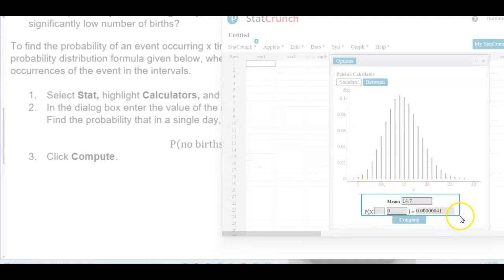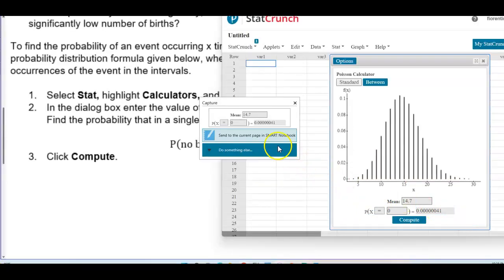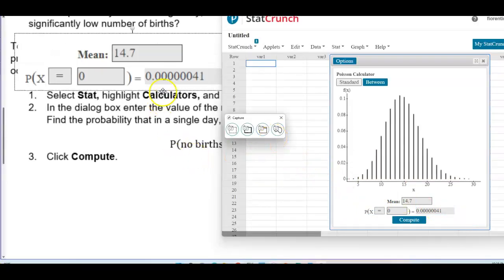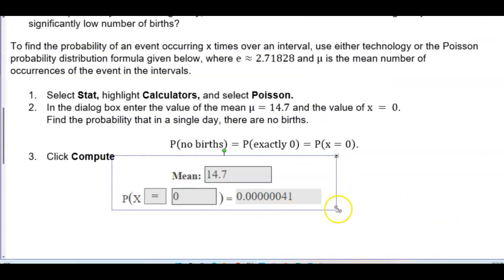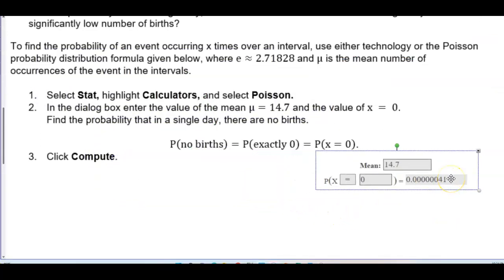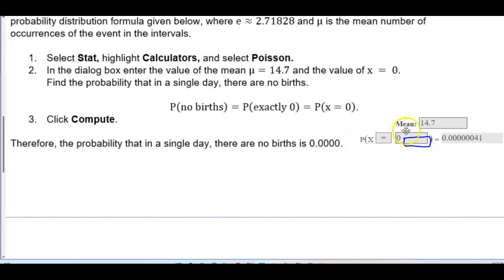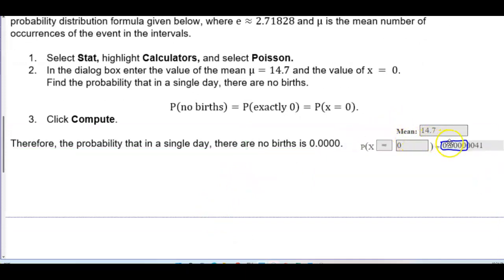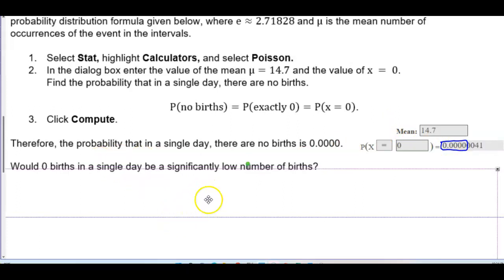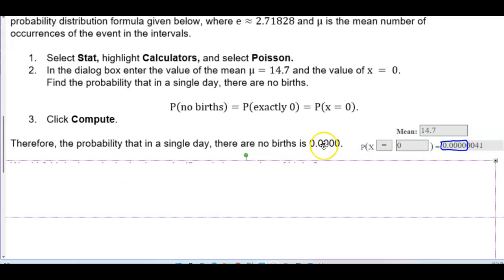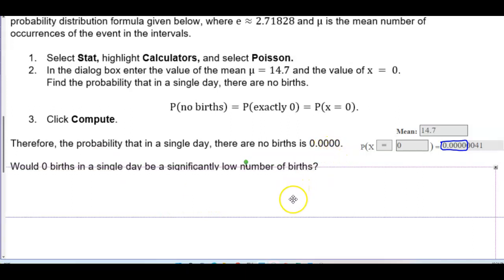When we do that, you can see what we get rounded to 4 decimal places, and that value is 0.0000. So we would say that the probability that in a single day there are no births is 0.0000.